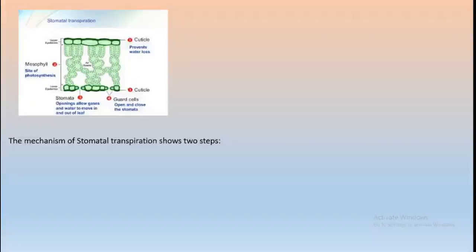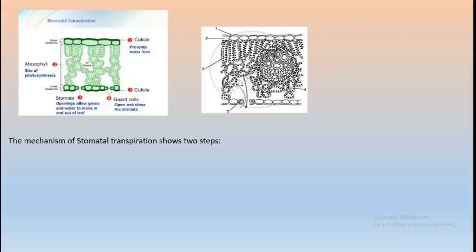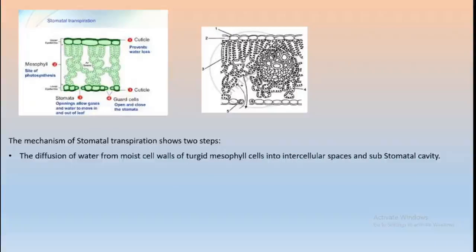Now we see the mechanism of the opening and closing of stomata, or stomatal transpiration. This diagram shows how stomata are arranged in leaves, and mainly this substomatal cavity through which water loss takes place. So there is diffusion of water from the moist cell walls of turgid mesophyll cells into the intercellular spaces and substomatal cavity.